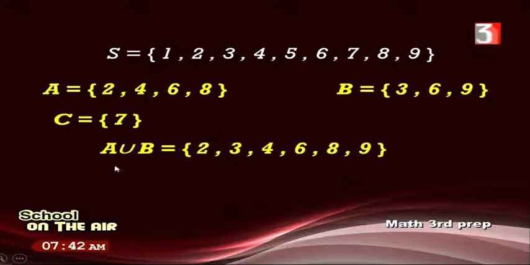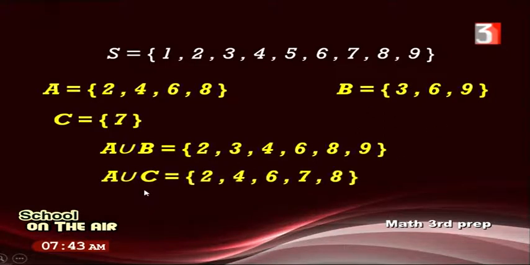He wants us to get the event of occurrence A or B. This means that we will search for the elements inside A and B without repeating any elements. We will write 2, 3, 4, 6, 8, and also 9. The event of occurrence A and C together, we write A and C: 2, 4, 6, 8, and also 7.